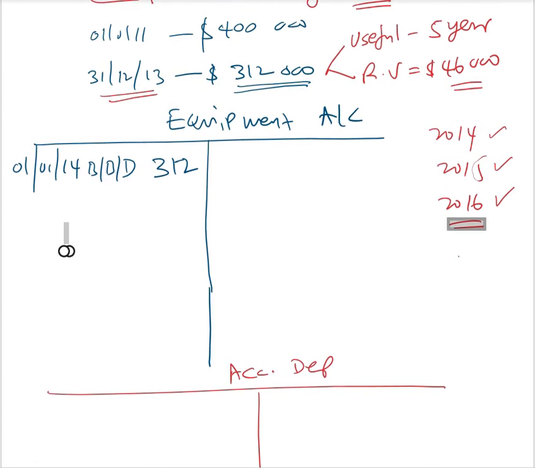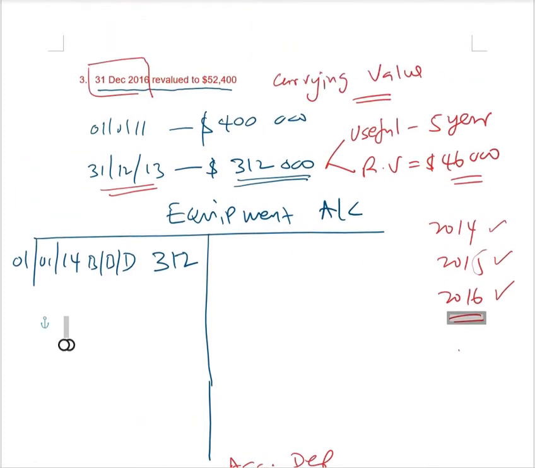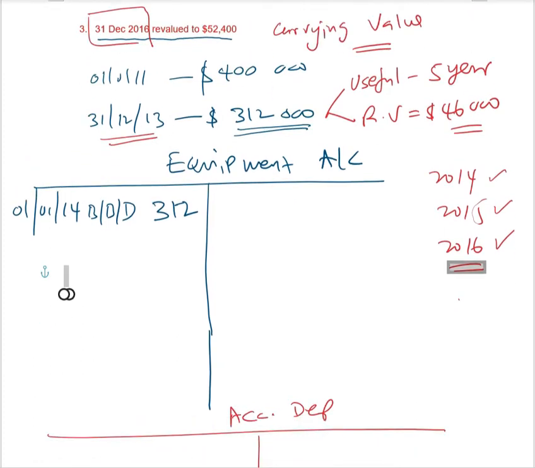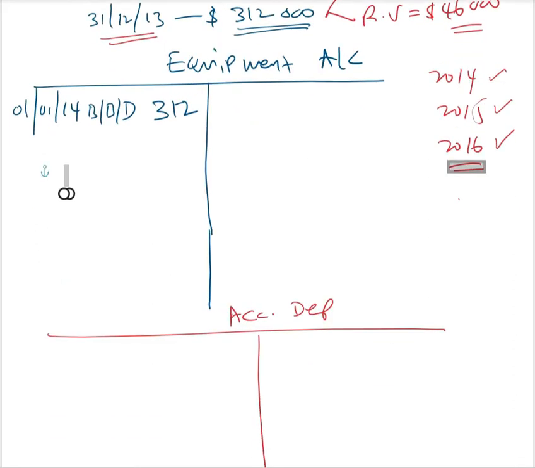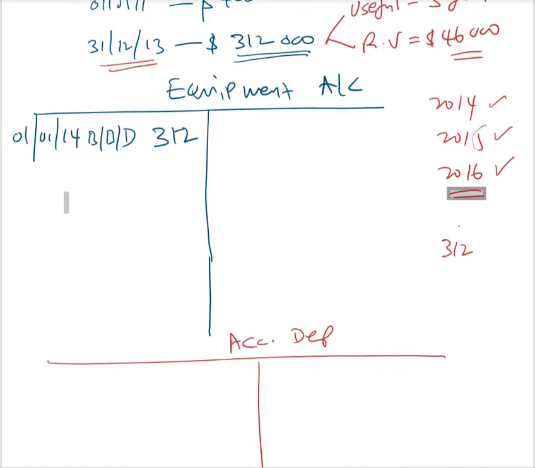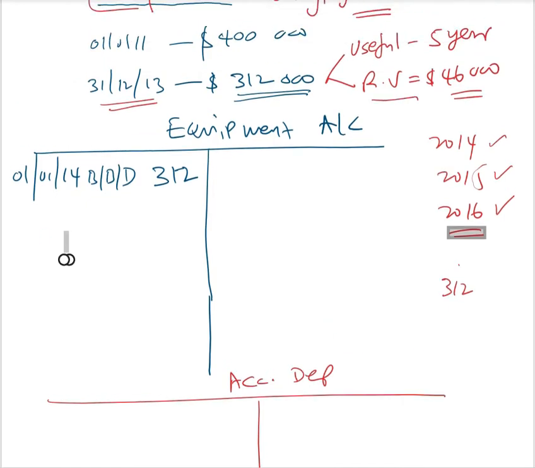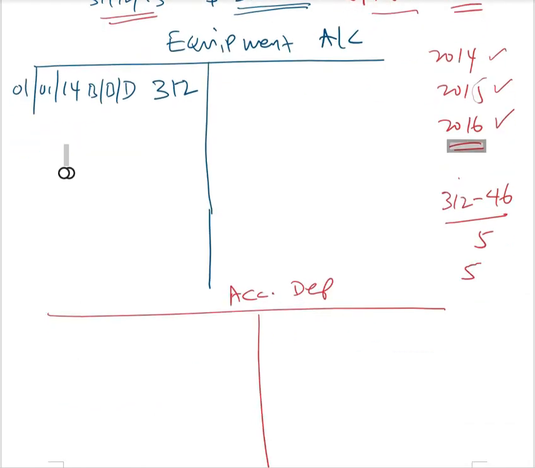So what will be the depreciation charge? So the carrying value of the equipment was 312. So 312 minus the residual value 46 divided by 5 years the remaining useful life, which will be 53,200 per annum.